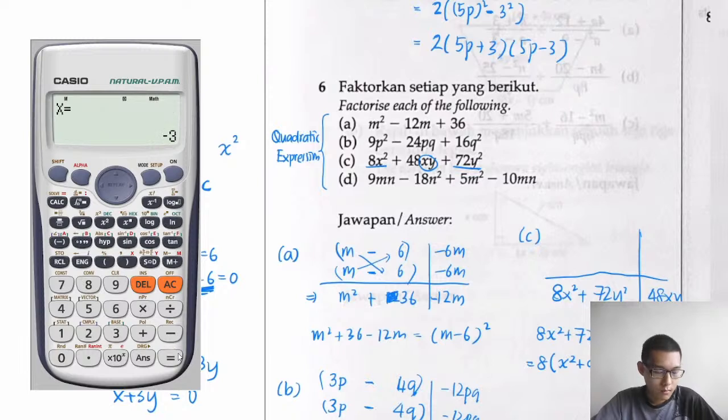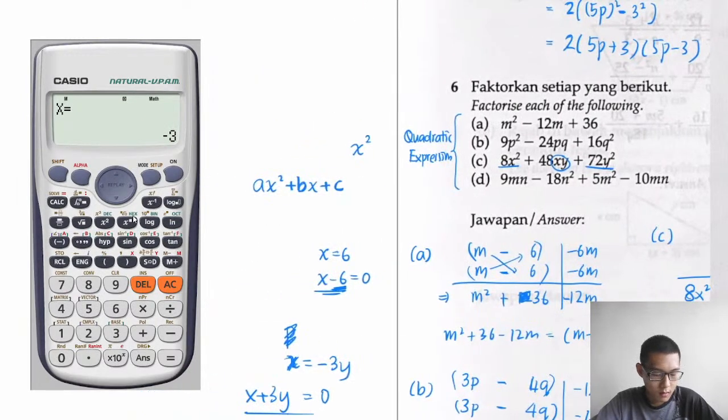Actually the answer comes out the same. So we know that the answer is (x plus 3y) squared, because we have one answer only, one solution. So we put this one. Can we see the solution? Yeah, can. Okay.